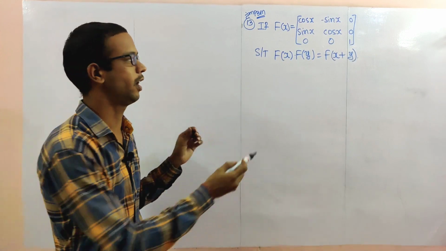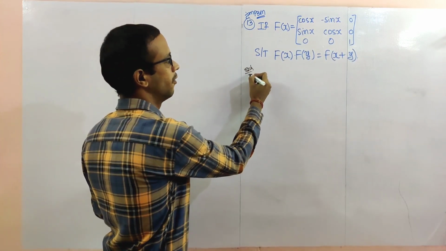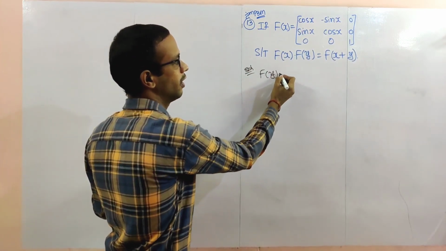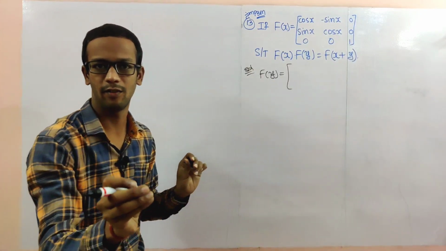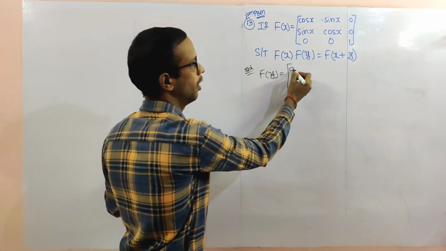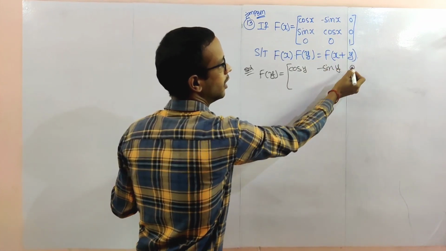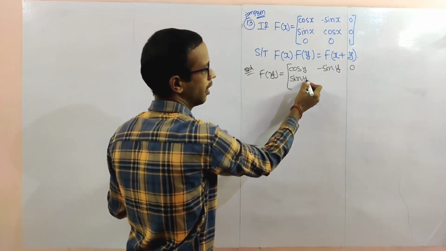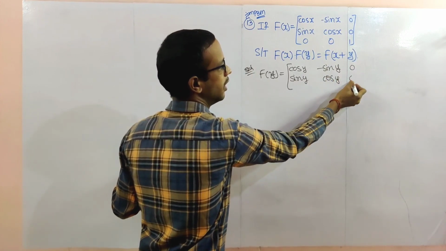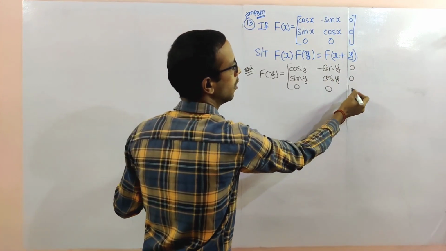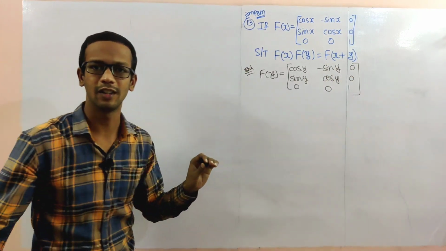I'll find f of y. What is f of y? Substitute y in place of x. Very simple: cos y, minus sin y, 0; sin y, cos y, 0; 0, 0, 1.